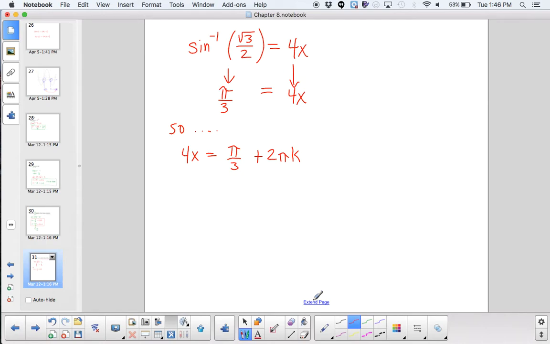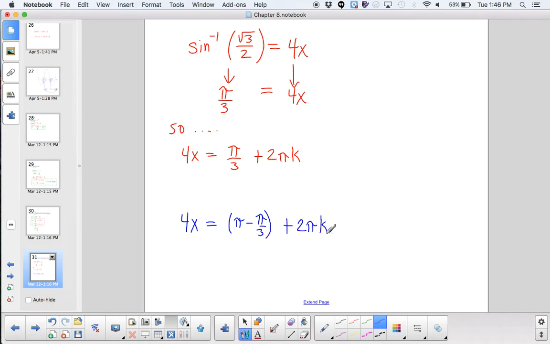We also know that we can simplify this here, but let's go ahead and write the other equation first. We also know that 4x could be equal to the pi minus the pi over 3, which we could have found anyway without using our calculator.